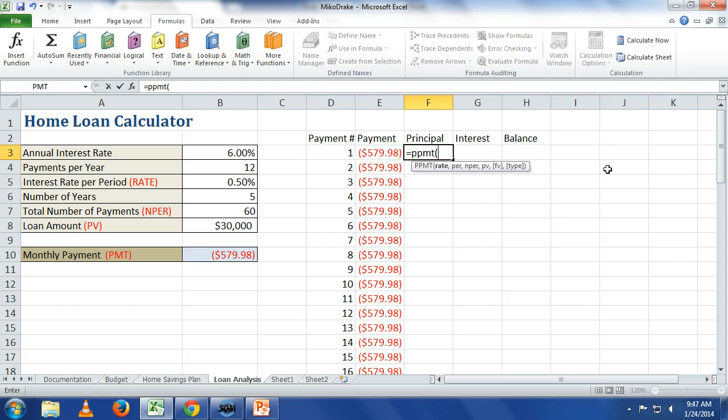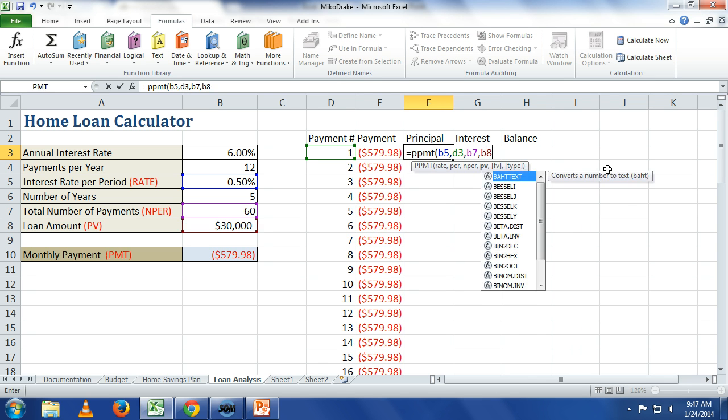So let's type that in. The rate is B5, the period is D3, the number of periods is B7, and the present principal value is B8. Now, I'm going to copy that formula down.